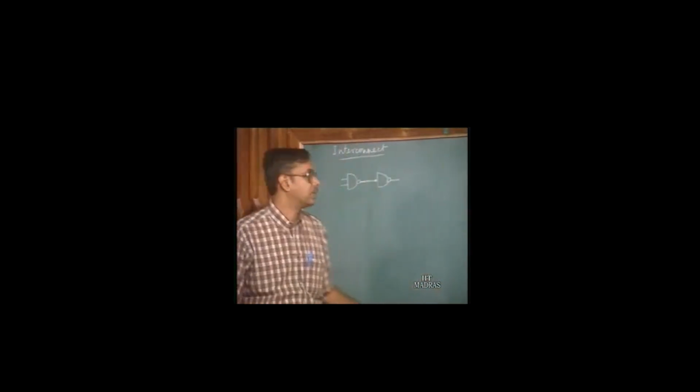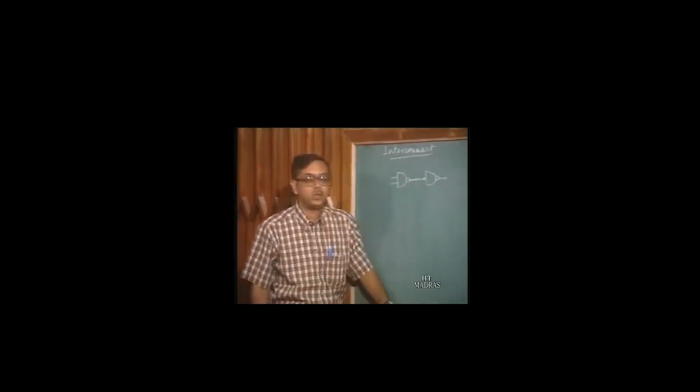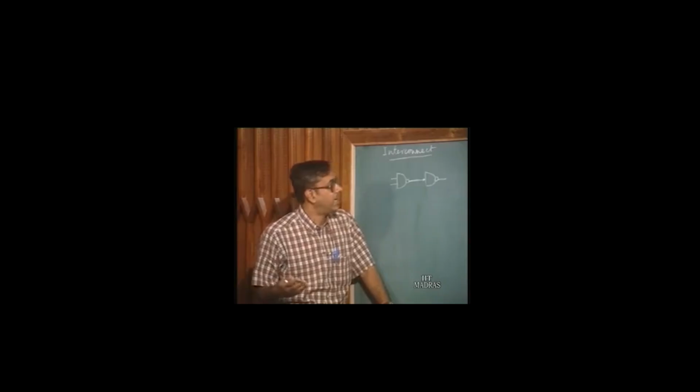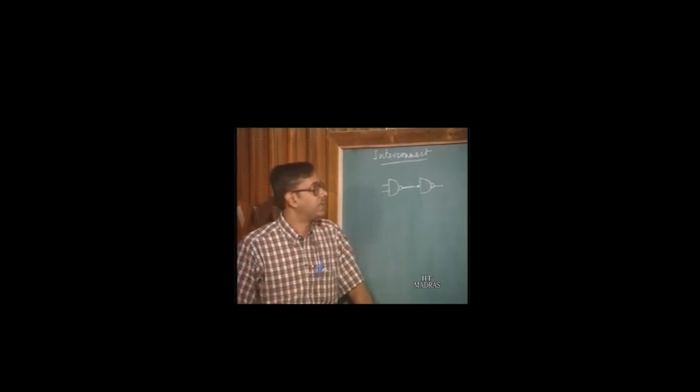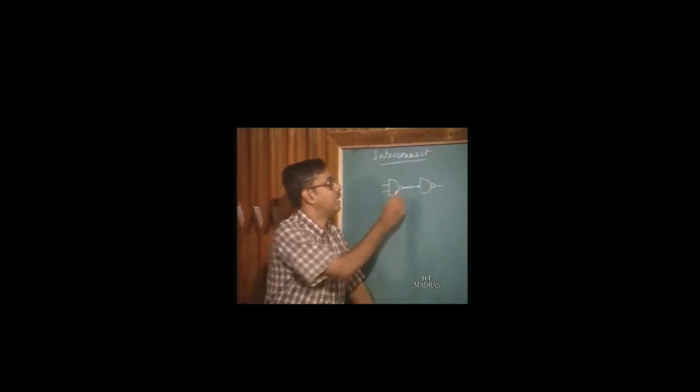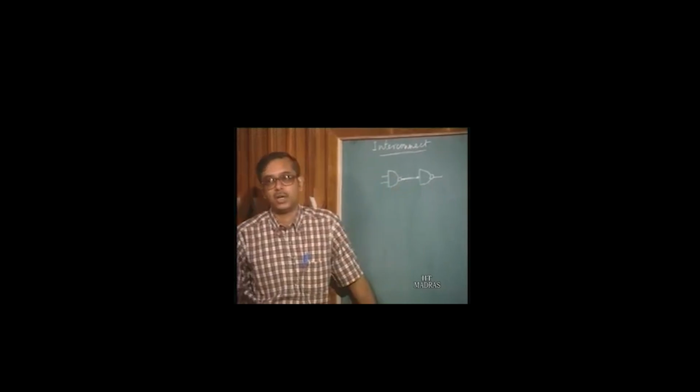That is, the nature of the signal at the input of the driven gate may be different from the nature of the signal at the output of the driving gate. That may cause a lot of problems. So, we have to understand these effects and try to take remedial measures. In today's class, we shall see the different effects of the interconnects on the performance of the digital circuit.